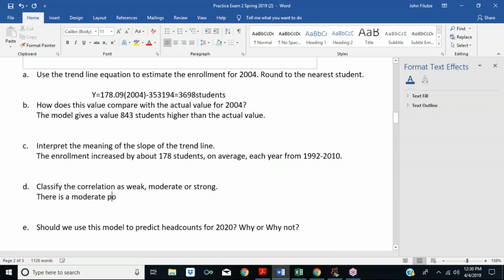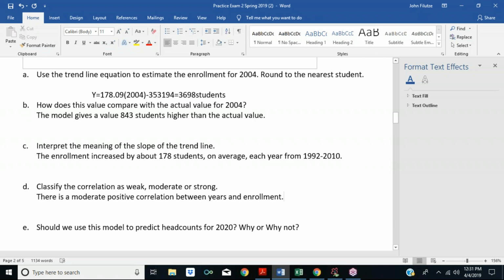And it's positive because it's increasing, so make a note of that. There's a moderate positive correlation between years and enrollment. That would be how we would classify that with a sentence rather than just a single word. It's a moderate positive correlation, and what's being correlated? The years and the enrollment.